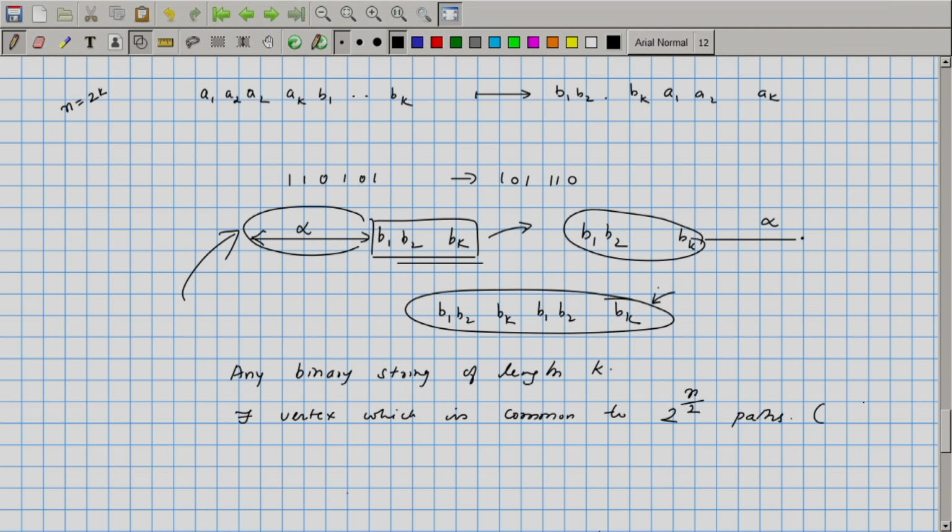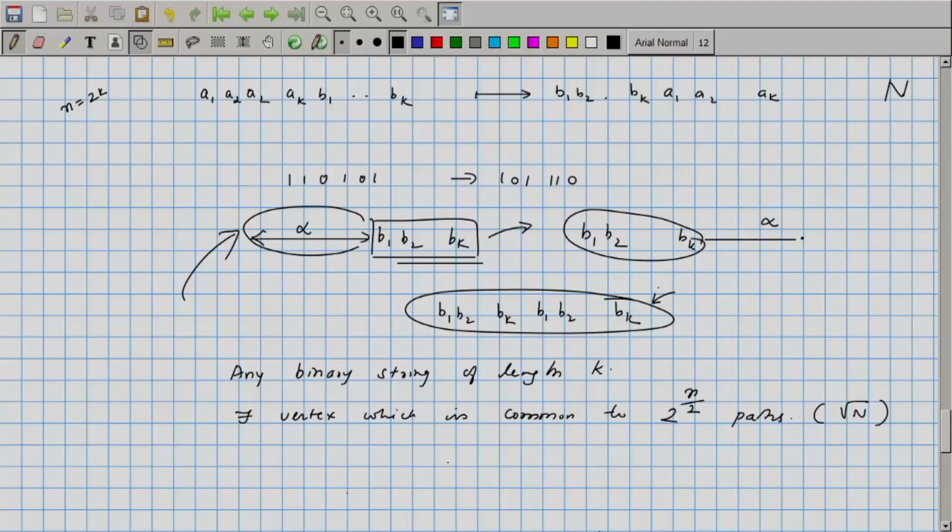Okay. So, roughly, if there were a total of n nodes, there is a vertex which is common to root n paths. So there could be root n packets coming at a particular point, and there are at most, let us say, log N edges out.